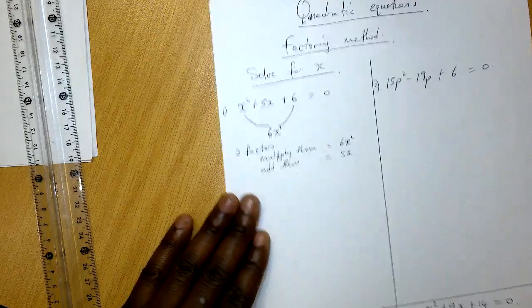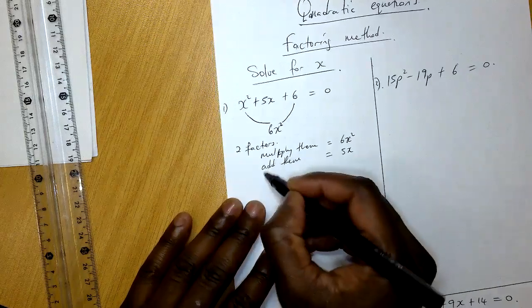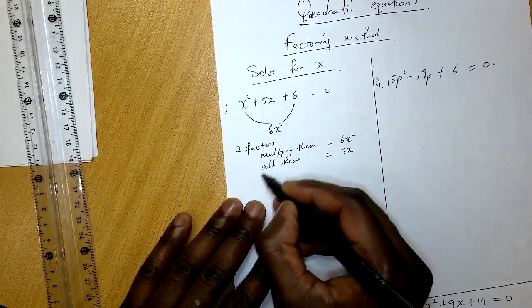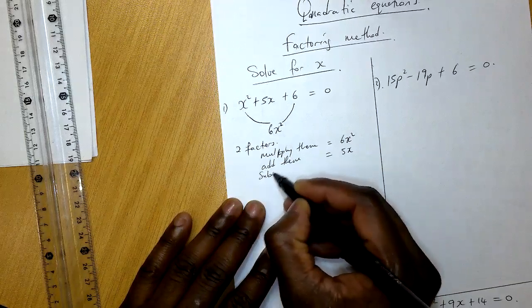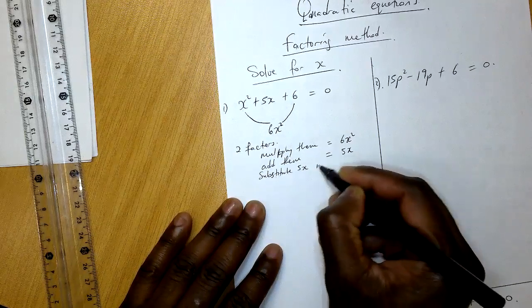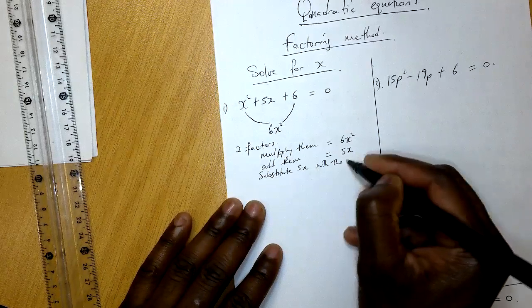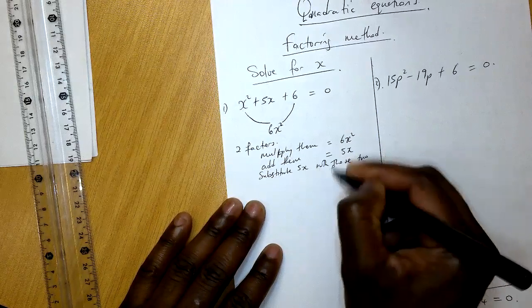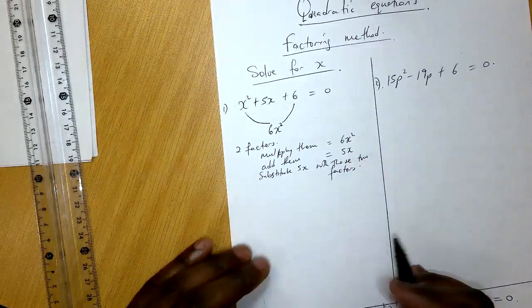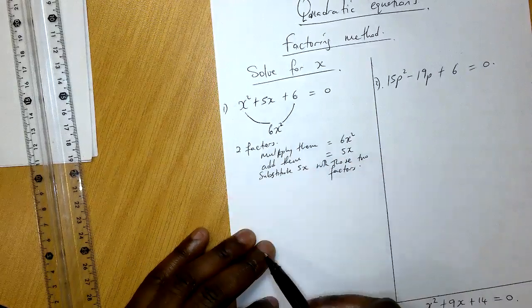So what must you do now? After that, you substitute 5x with those two factors. Once you get those two factors, you must substitute 5x with them.